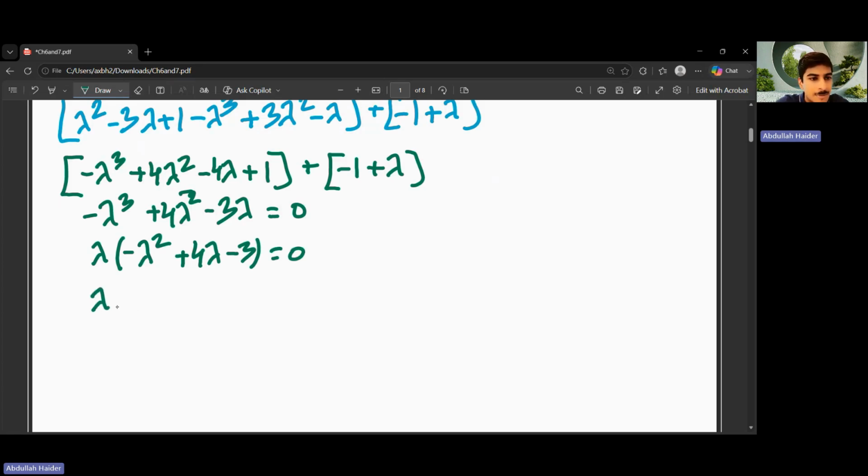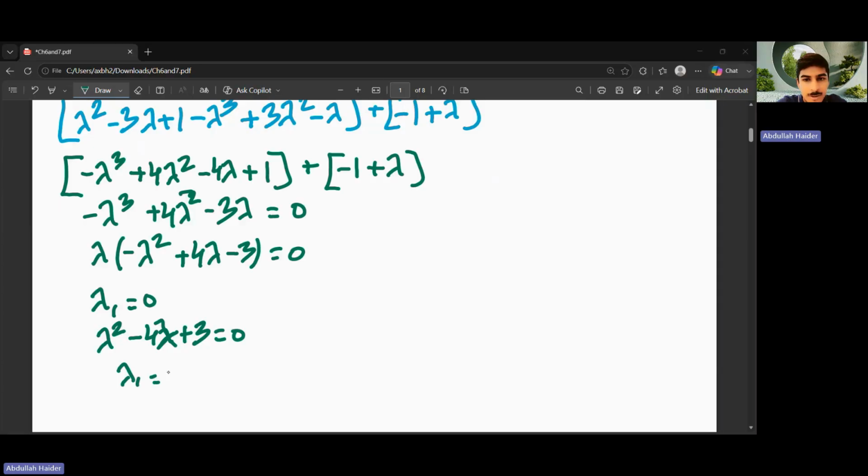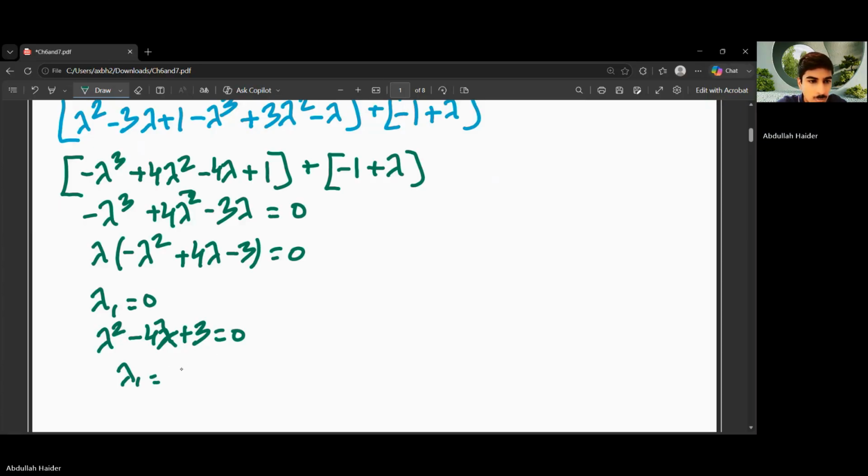Say your first lambda 1 is 0, and you can multiply the inside by negative: lambda squared minus 4 lambda plus 3 is equals to 0. And here you get lambda 1 is equals to 1. We already have lambda 1, so this will be lambda 2 and lambda 3. Lambda 2 is 1, lambda 3 is 3.